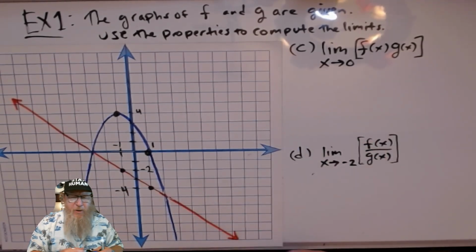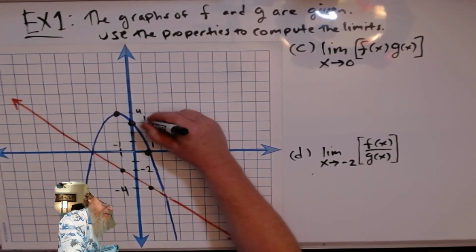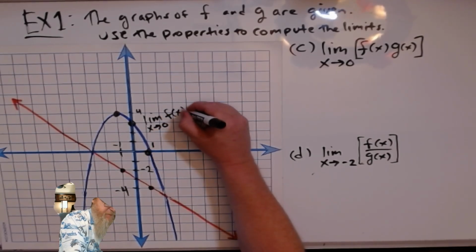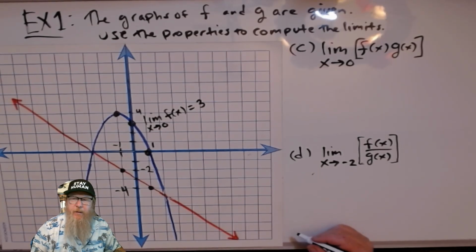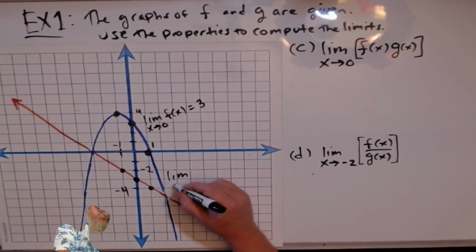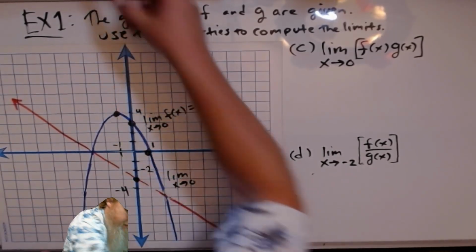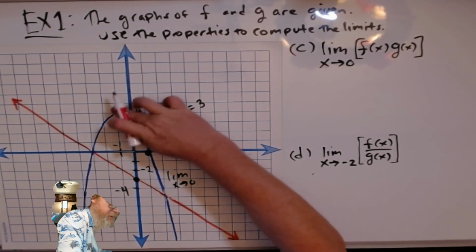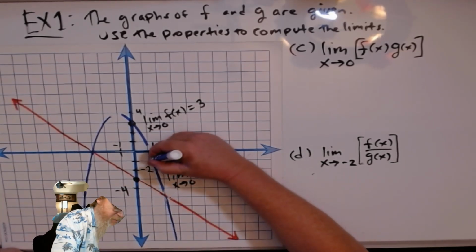So when x approaches 0, that's right here on the axis. The limit as x approaches 0 of f of x is 3. And the limit as x approaches 0, let me get rid of my old critical values. Make sure we're focusing on the right points.